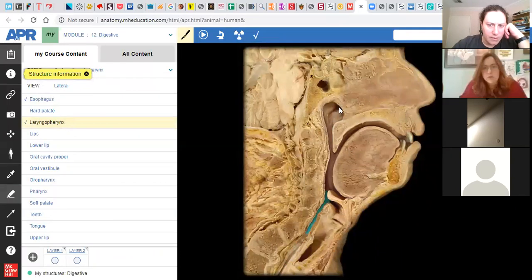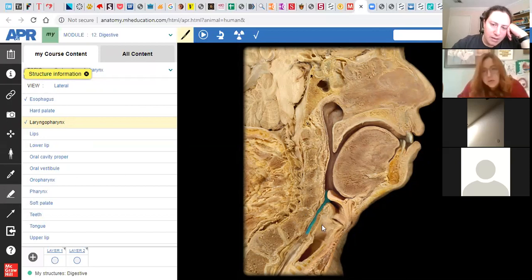So nasopharynx is up here, oropharynx is here, and then laryngopharynx encompasses the area between the larynx and the beginning of the esophagus. So the upper esophageal sphincter is right where the esophagus begins, which is in this general area.